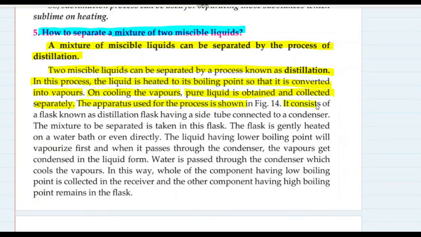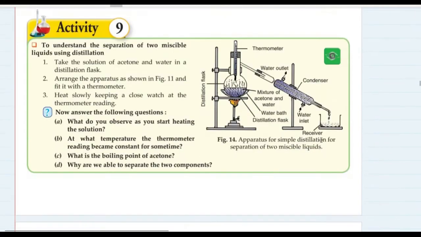I'll just show you. It consists of a flask known as a distillation flask having a side tube connected to a condenser. Let's see the figure. So here there is this distillation flask. It has this side tube connected to a condenser, through which the vapors enter the condenser.